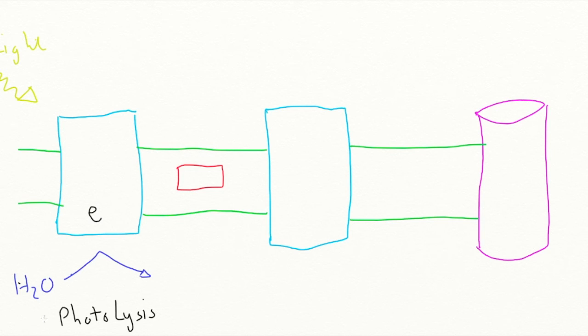So once photolysis takes place, you end up with 2 protons. These are protons, like I said, because hydrogen has one electron; the electron's taken away, so now it's just protons. So we end up with 2 protons, and we end up with half an oxygen molecule.